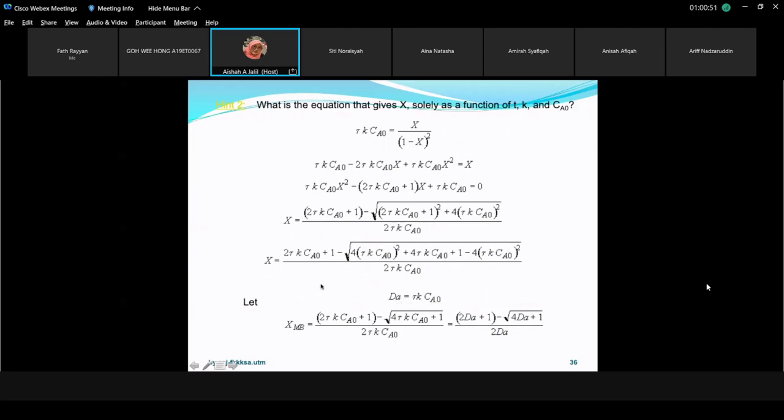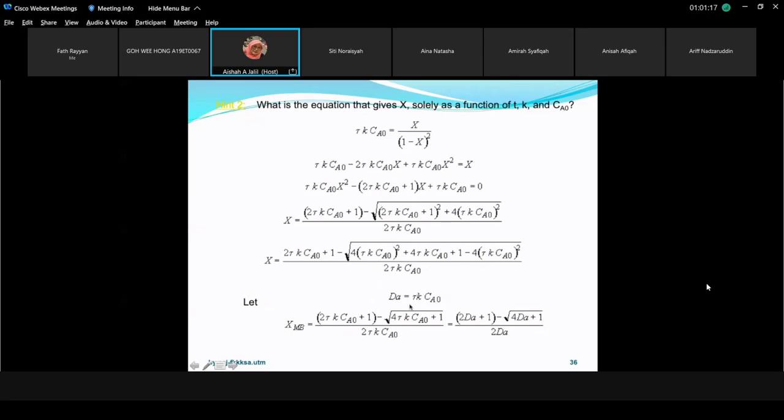Damköhler, how to spell, D-A-M-K-O-H-L-E-R. The O is the O which has the two dots on top. Okay, Damköhler. You can search in your textbook, Damköhler.